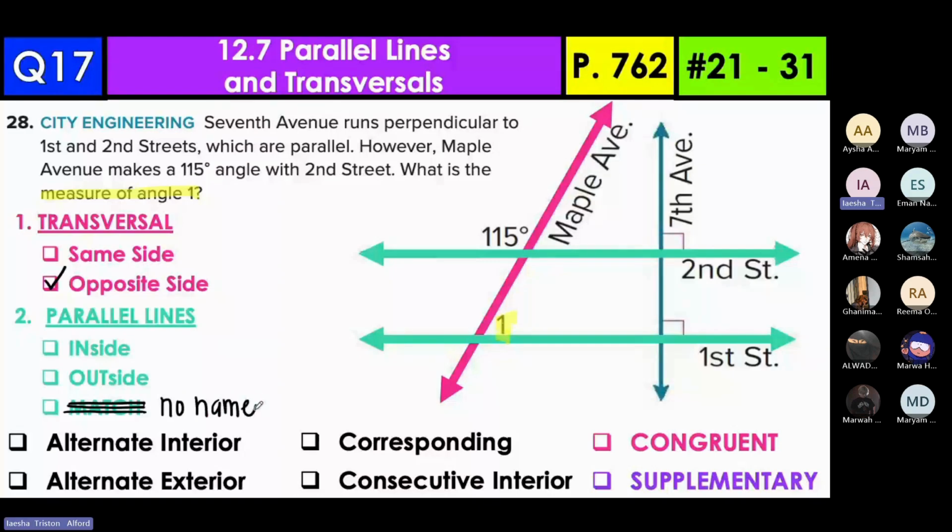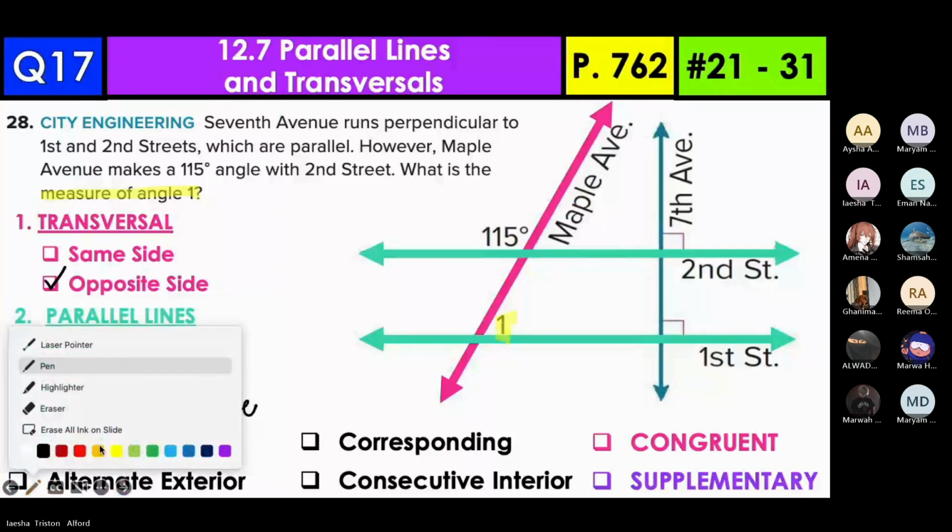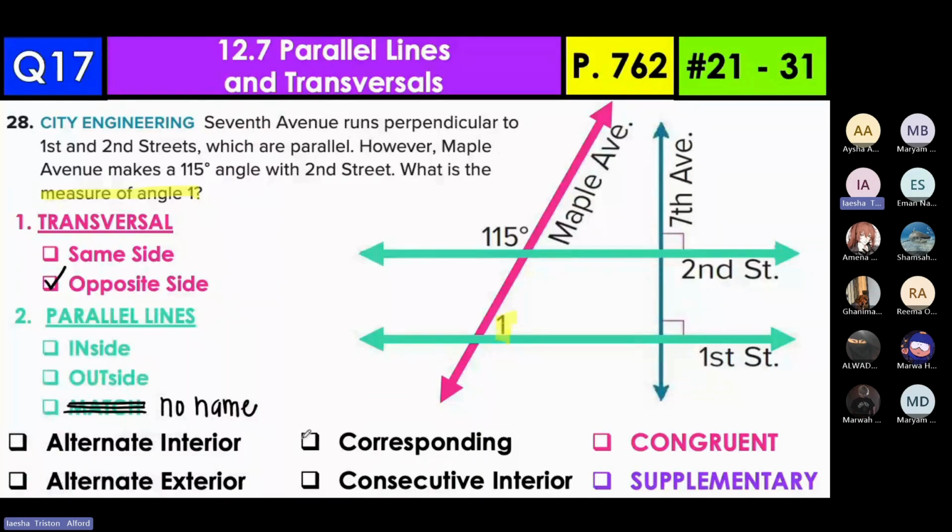If you get no name, I want you to see where the corresponding angle is. So this is angle 1. Where is the corresponding? Should be here. I'm going to put X. Why am I writing X? I do not know what number angle 1 is. What do we know about corresponding? Congruent or supplementary?